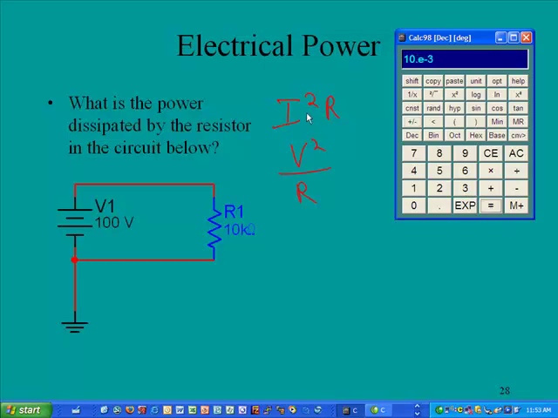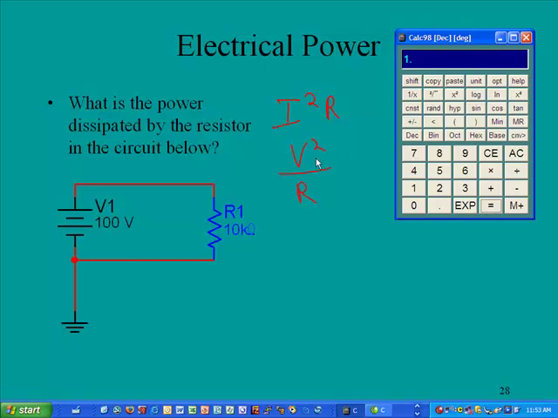So we said I squared times R. If we square this times our resistance, which is 10 exponent 3, it should equal 1 again.